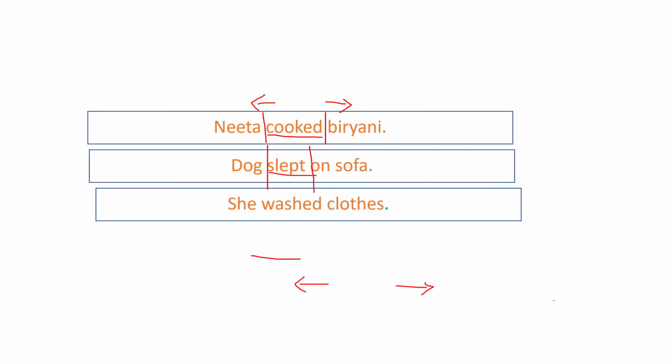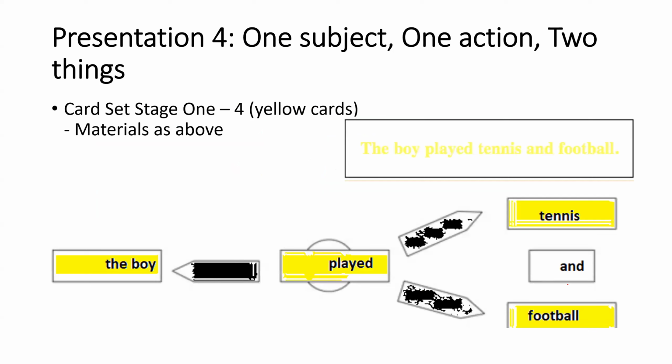Now when you go to presentation 4, it will have yellow cards. In your yellow cards, you will have one subject, one action, two things. They'll specifically mention it, so make a sentence which involves one subject, one action, two things. If you're not able to get any sentence, just imagine yourself. Say for example, my name is Shika.